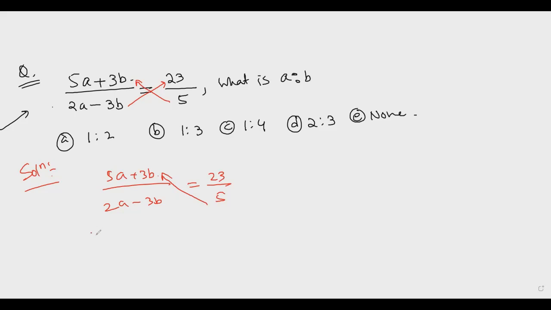See, side cross multiply: 25A, 15B. Now on the cross multiply we have 49A minus 46B. Solve it and then get the A by B ratio. Is that okay? Sometimes 3 and 6 get confused.